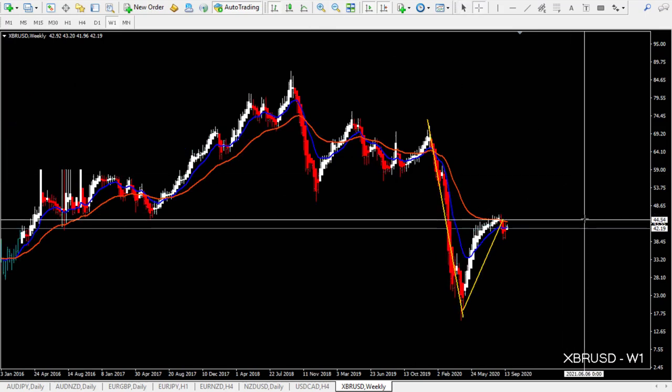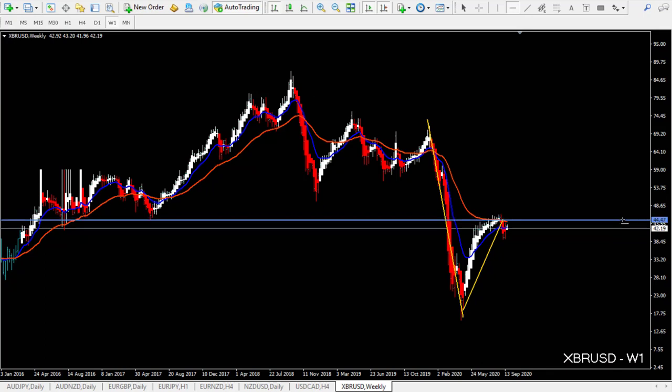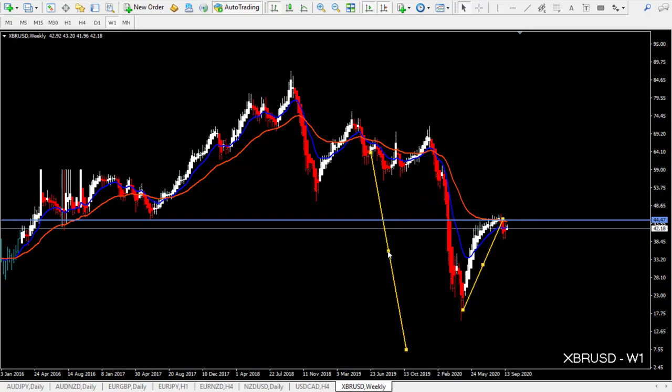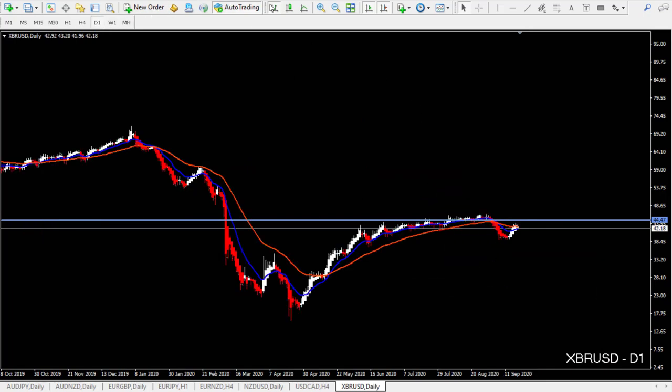We also had this strong resistance area here. So it still might go. I don't have history, different brokers, but definitely we can still have continuation. The weekly is really pointing down.